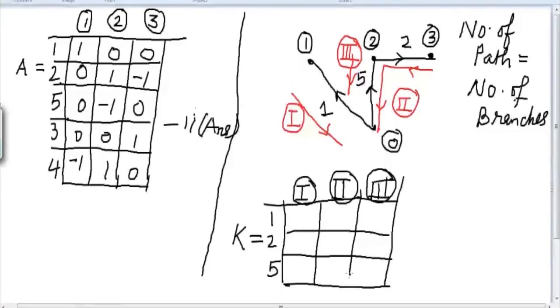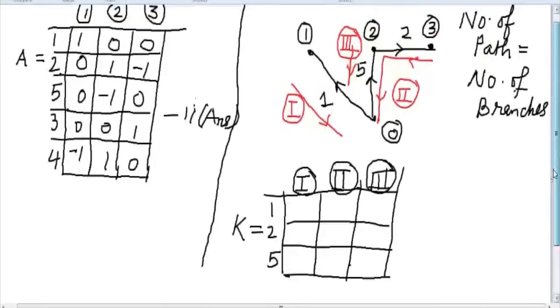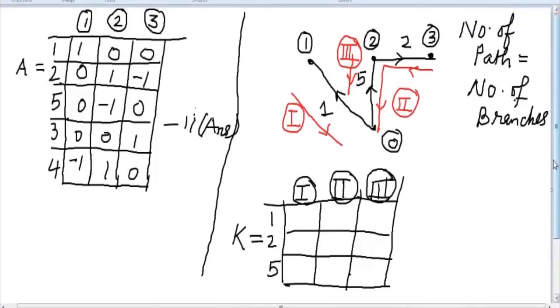Okay. So in this way we have to make this matrix K. Now we will start filling the columns of 1, 2 and 3. Who will tell me what will be the entry of column 1? Yes, sir.